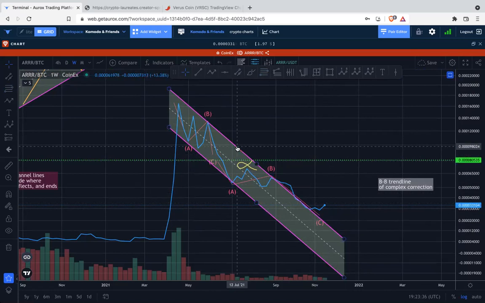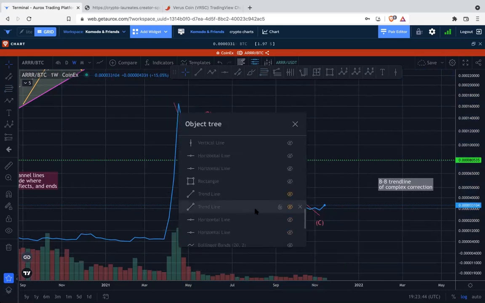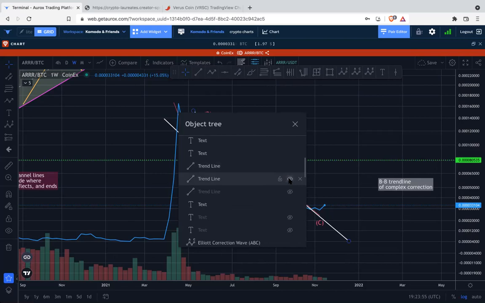But here's something that makes a bit more sense. Let's get rid of this and take instead these two trend lines. Where are they? There they are. Not this one. No, wait, this one. Okay.